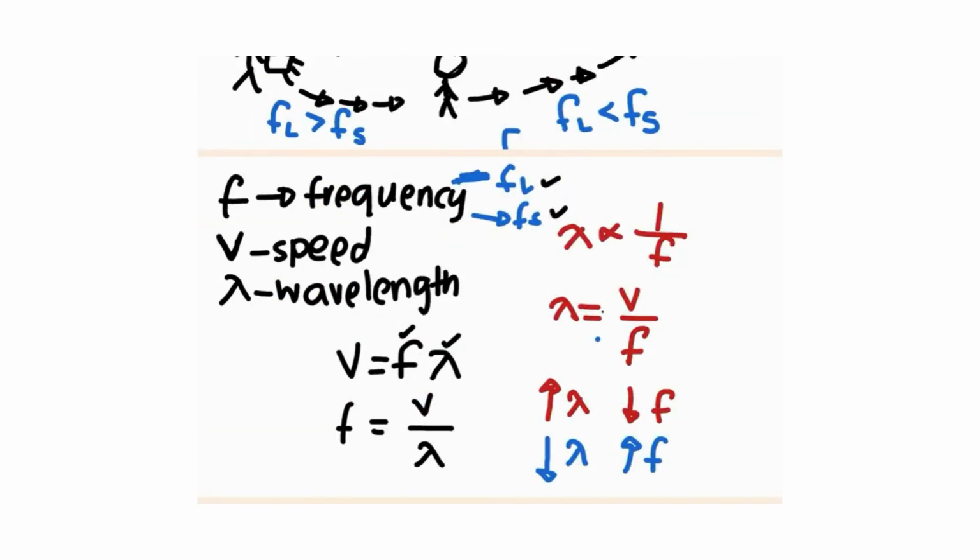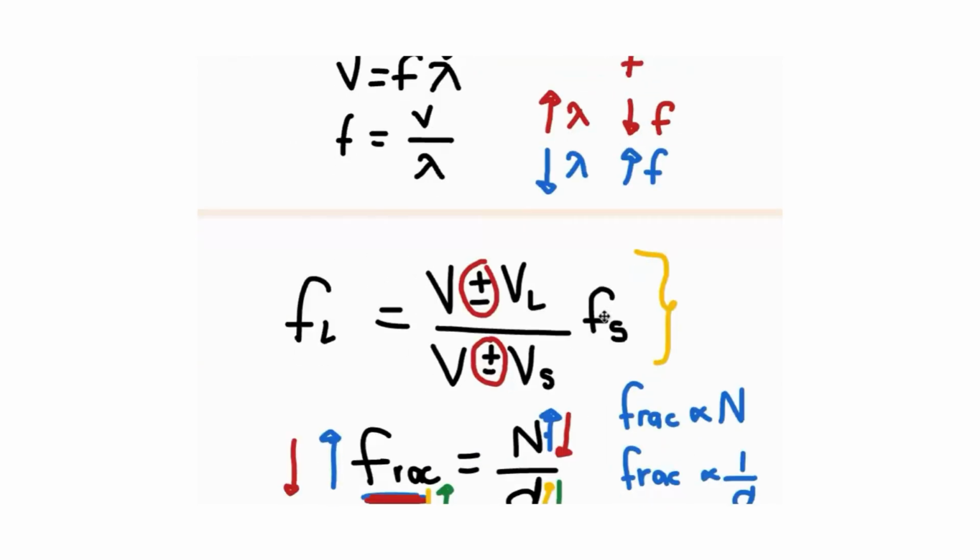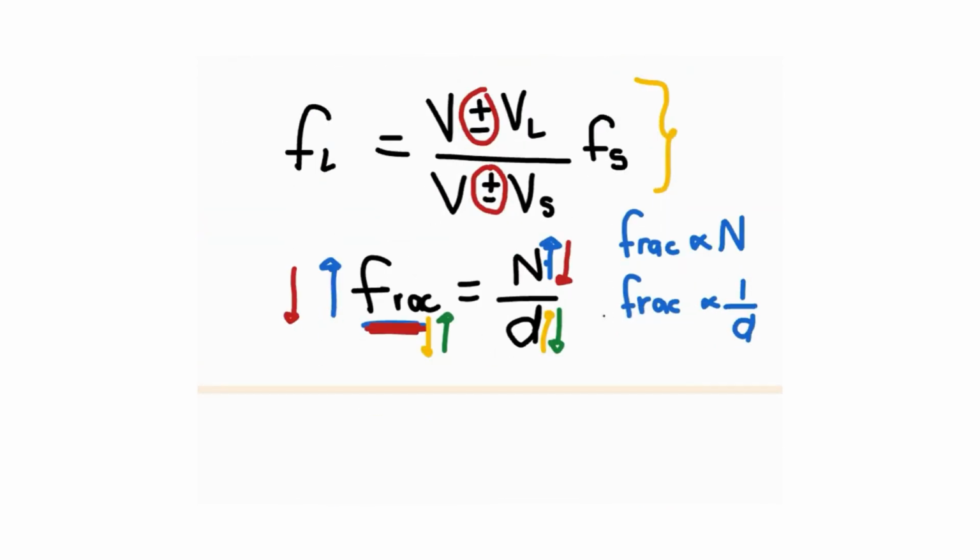However, that is not always the case. In some cases, the listener will be the one that is moving while the sound source is stationary. So I'm going to show you how you can rearrange or set up that Doppler effect formula under these conditions.